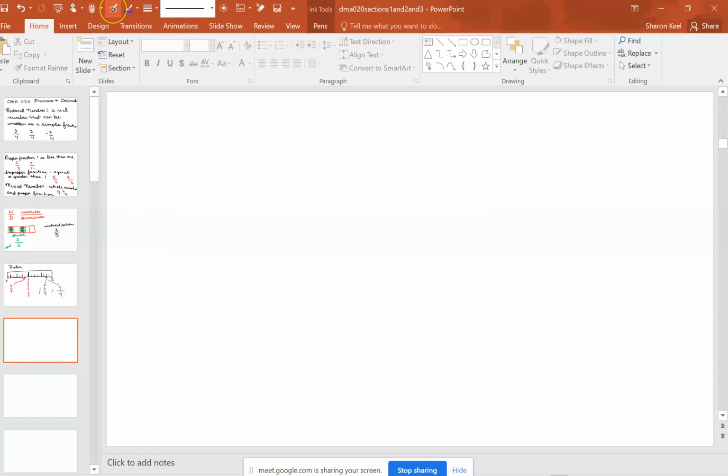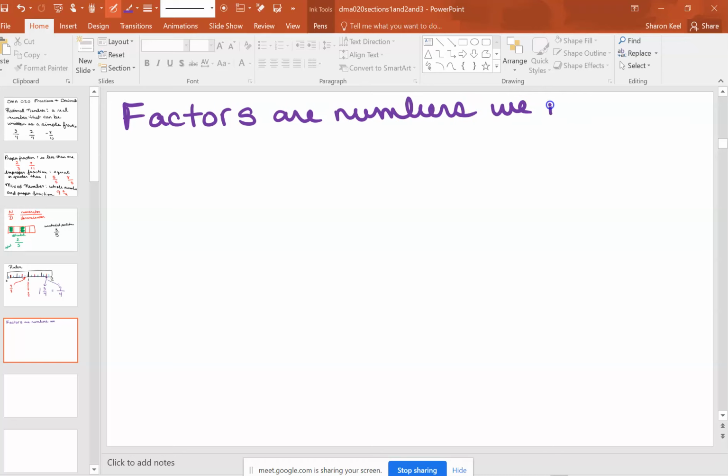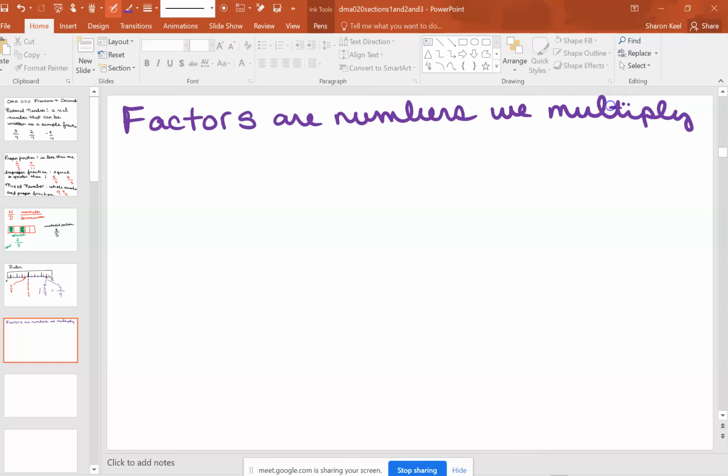In section 2, we are going to look at factoring, and we're going to look at factoring prime and composite numbers. Factors are numbers we multiply to get a product.